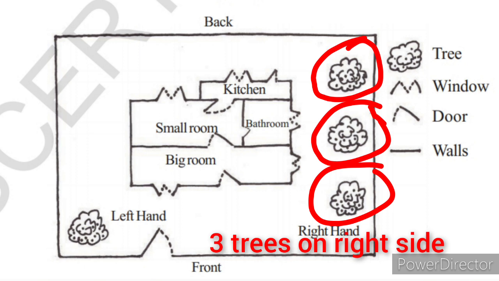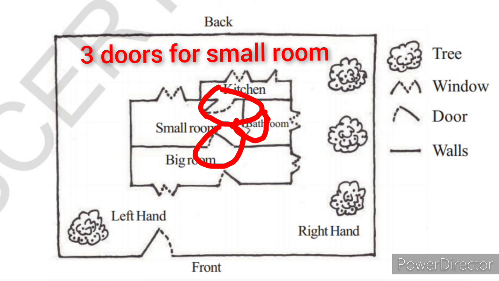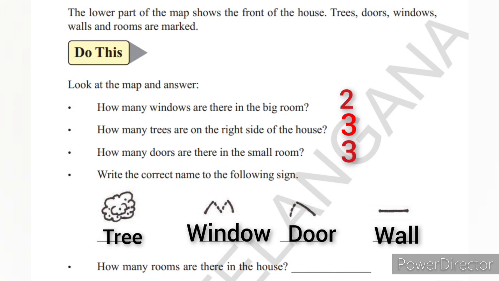You can see here, 3 trees. Next one, how many doors are there in the small room? In the small room you can see there are three doors. One is connected to the big room, one is the bathroom, and one is the kitchen. So totally 3 doors are there. Write down all the answers there.